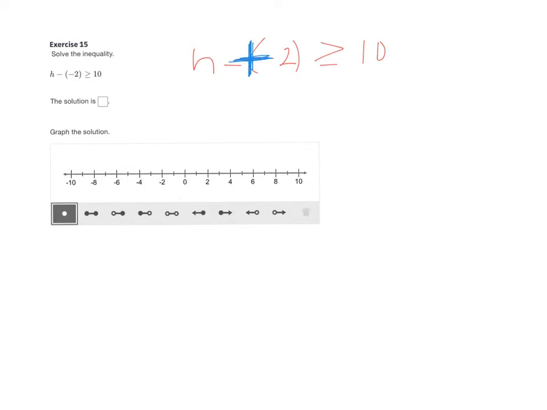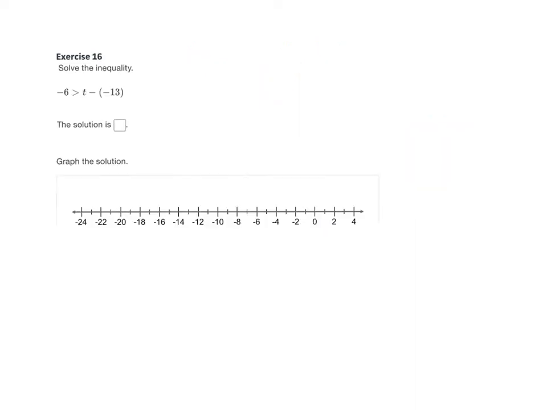I just like to turn it into a big plus sign. So now I have h plus 2 is greater than or equal to 10. To isolate h, I'm going to minus 2 from both sides. I get h greater than or equal to positive 8. So at 8, I would have a closed circle, and the inequality is telling me I'm going to go to the right.